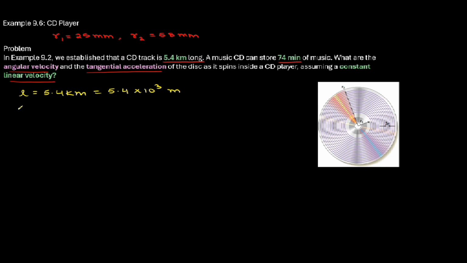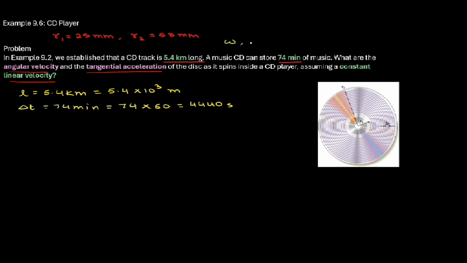So my time interval delta t is 74 minutes, which I can convert to second by multiplying it with 60, since every minute has 60 seconds. And when you do that, you get the time in seconds as 4,440 seconds.